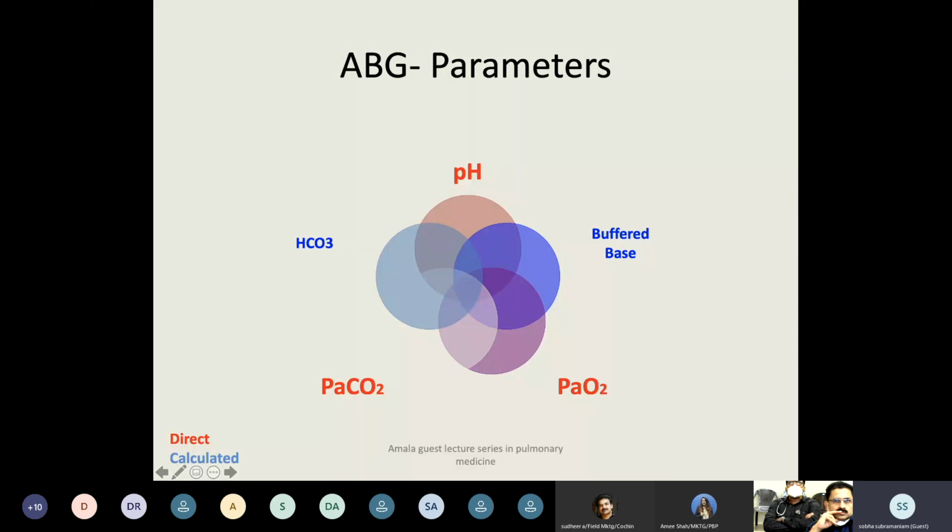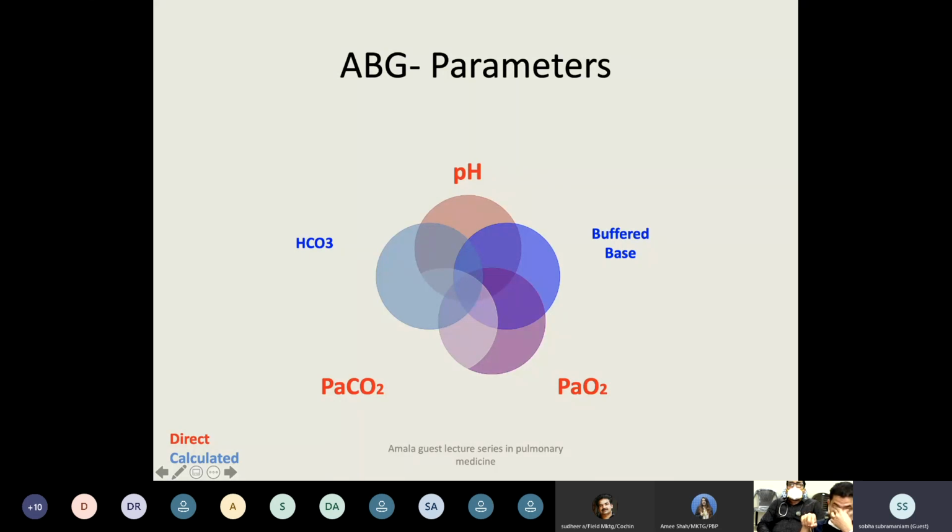We have two sets of parameters, the direct parameters and another set of calculated parameters. The direct parameter is the pH, that is the negative logarithm of H plus ion concentration in the blood. Then partial pressure of oxygen, or PaO2, is the second most important parameter. And the third one is the partial pressure of carbon dioxide, that is PaCO2. So these three are the most important parameters in the ABG.